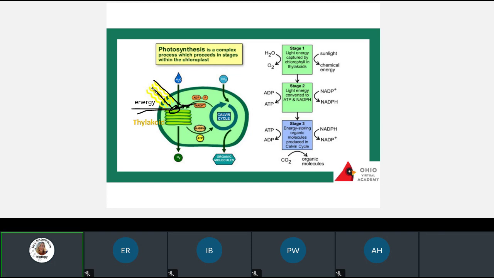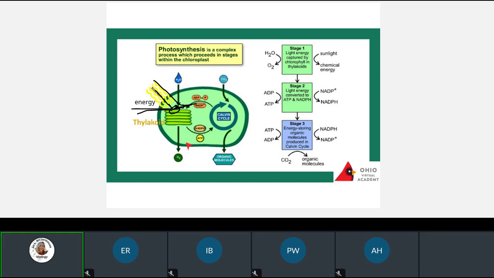And when that thylakoid captures some of that light energy, look what we make. Can anybody read that? Type in chat. Our NADP and our phosphate becomes NADPH, and our ADP and an extra phosphate becomes ATP.